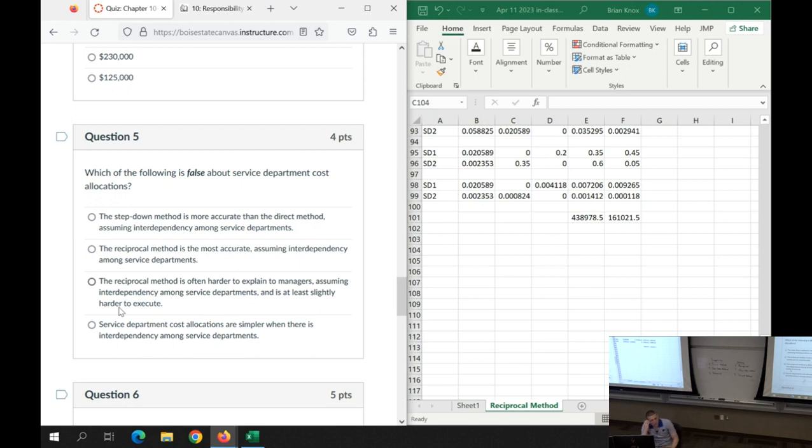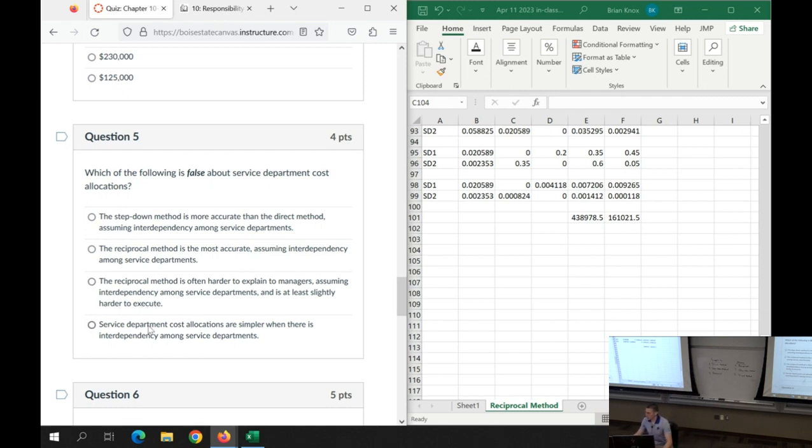Yeah, but there are 2 of them that say the direct method is the least accurate, and the difference is that one of them says production, the other says service. So service. You're saying the B versus D here, and the difference there is the production. Yes. Because the service departments serving each other is what is interdependency as far as we're concerned for chapter 10 here. Yeah.